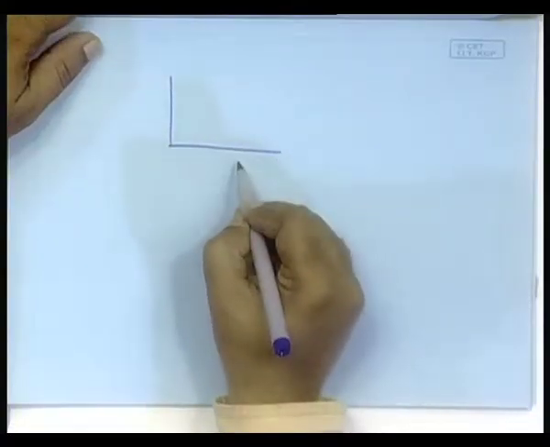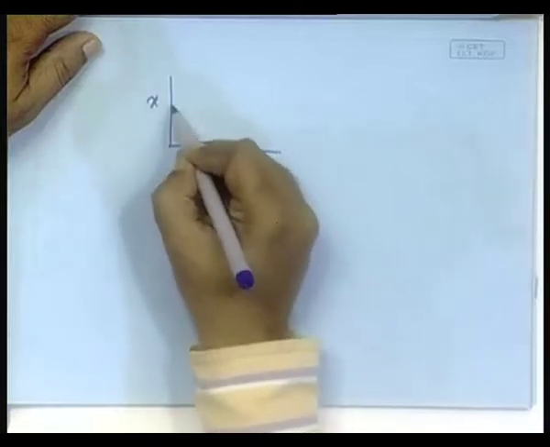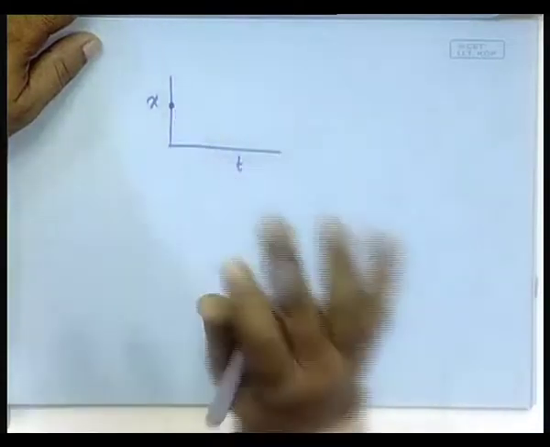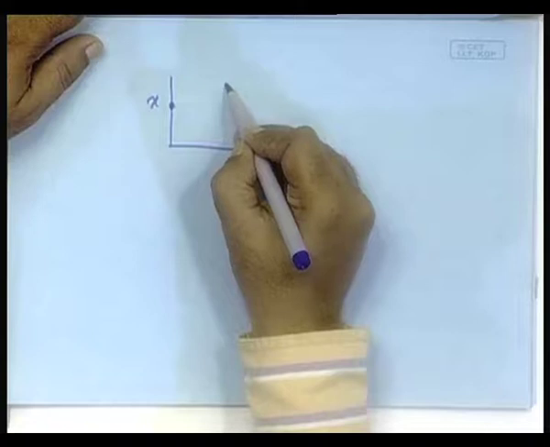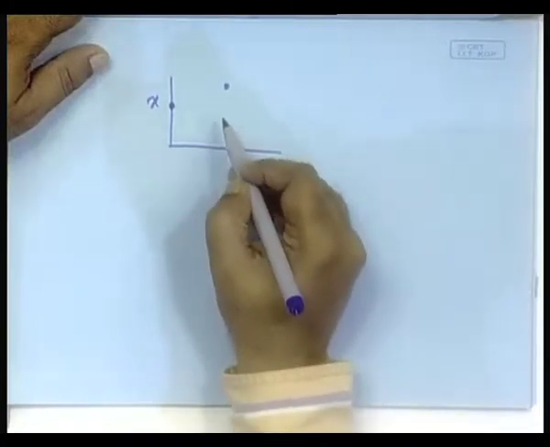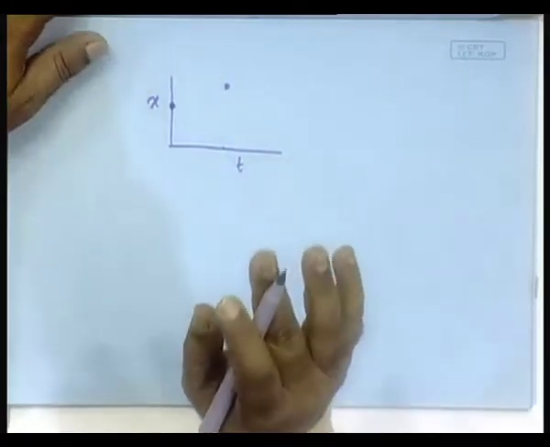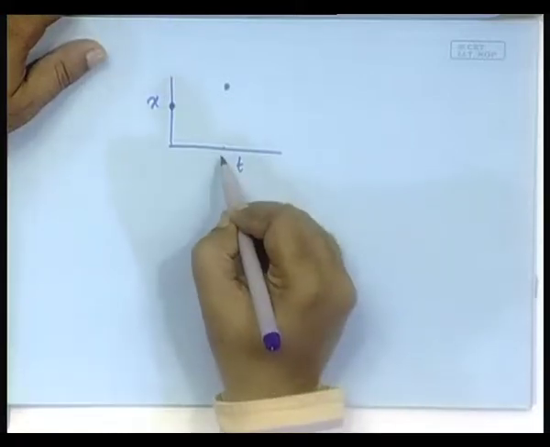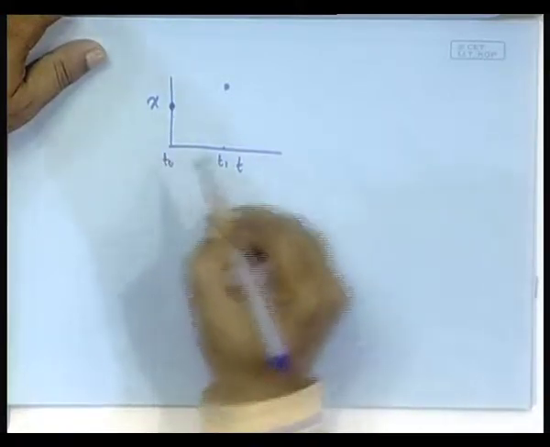In the next step of the assumption, we can say that, this is t, this is x, we are now here, and in some way suppose you know that at x 1 you are here. What way, I will come to that later. So, this is the t 1 time, this is the t 0 time.